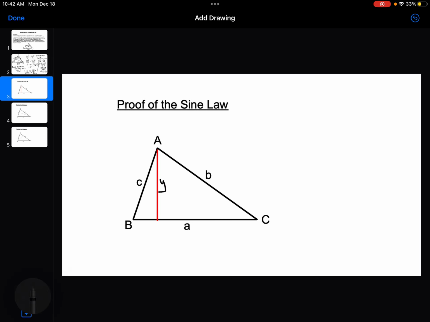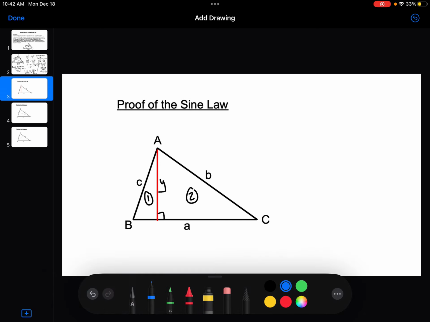If I just call that y, I'm going to use this right angle triangle on the left. We'll call this triangle 1 and this triangle 2. On the left, if we wanted to solve with B, we would have our hypotenuse over here, our opposite over here, and adjacent down here. We're not going to use the adjacent.